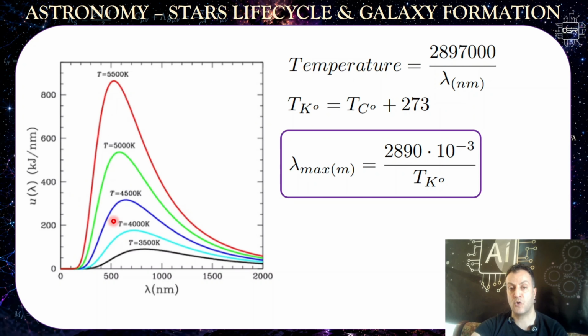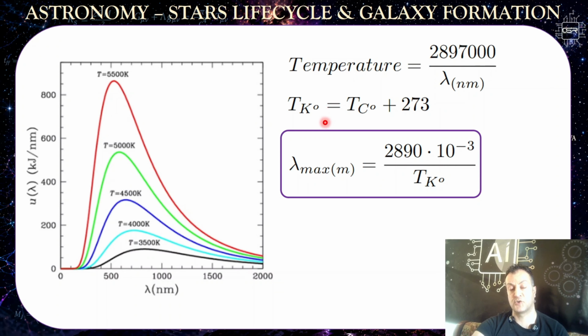As you go shorter in wavelength or higher in frequency, such as for this cyan-blue one, it can reach 4000 Kelvin even for a brightness as low as 190 kilojoules per nanometer. If we look at the formula, the temperature is given by 289,700 divided by lambda in nanometers. This is the correlation between temperature and wavelength.